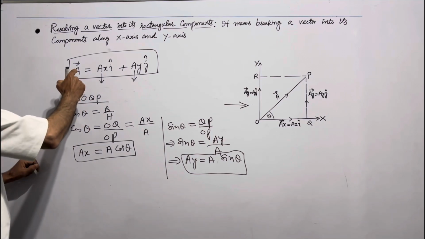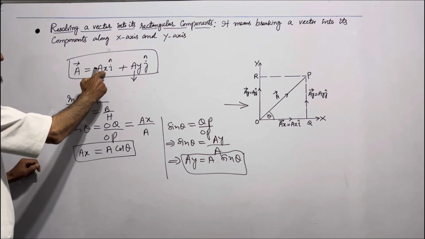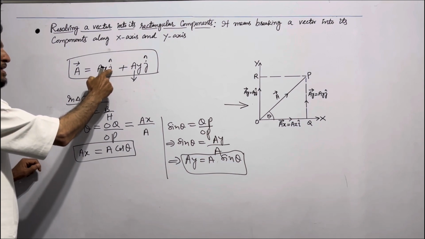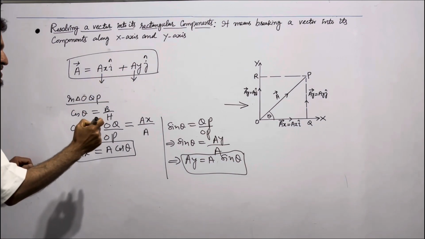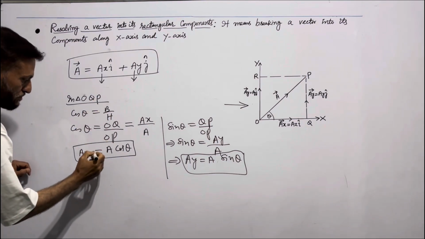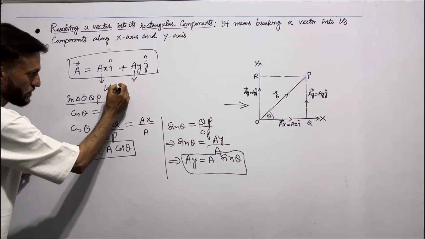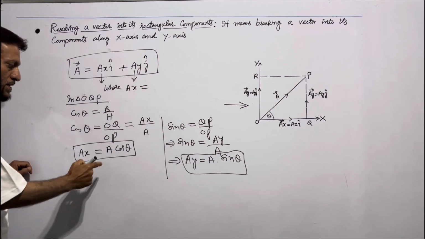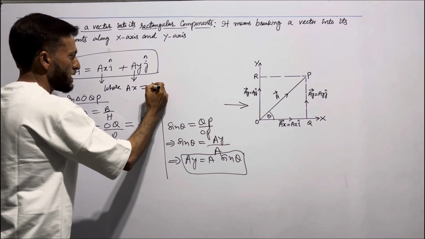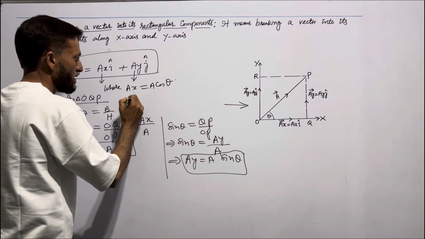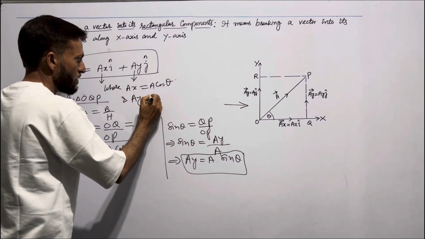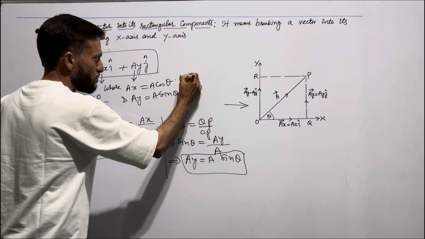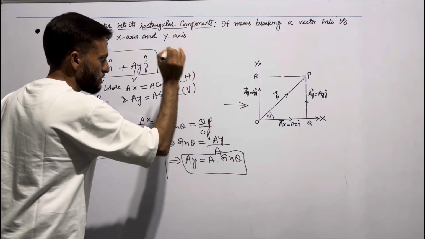Therefore, vector A is resolved into its two components, that is AX I plus AY j, where AX, it is horizontal component and is equal to A cos theta, and AY equals to A sin theta. This is horizontal component and this is vertical component.